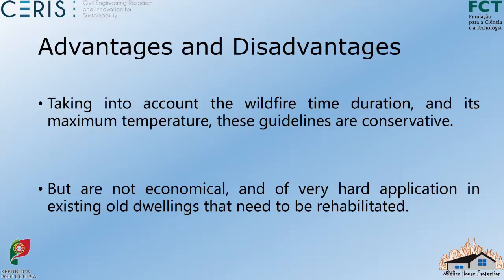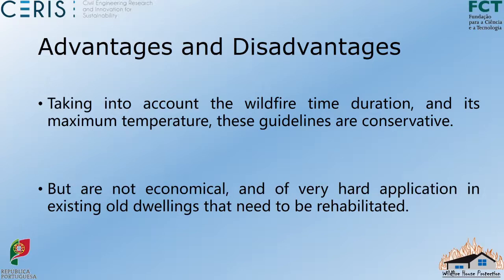So in the future, we will present two types of recommendations. We will present an initial recommendation based on the ISO standard curves for wildland fires, which are more conservative. And then, we are already doing this, we're studying new wildfire standard fire curves for the design of fireproof protection of dwellings.